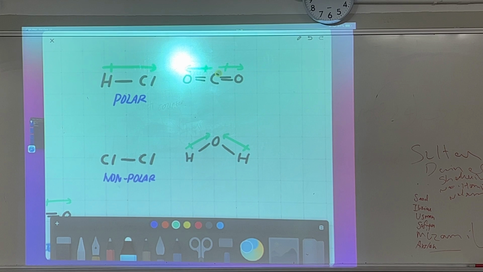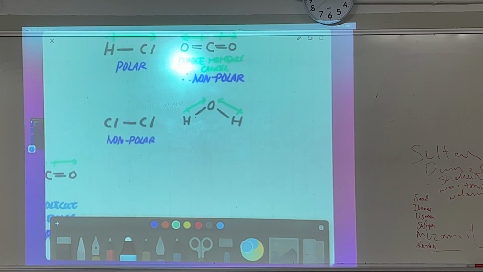When you look at the top example, do these cancel or do they not cancel? They cancel. So therefore we say it is non-polar. If the dipole moments cancel, it is non-polar. What about in here? Do they cancel? No, they do not, because you can draw this diagram like this.